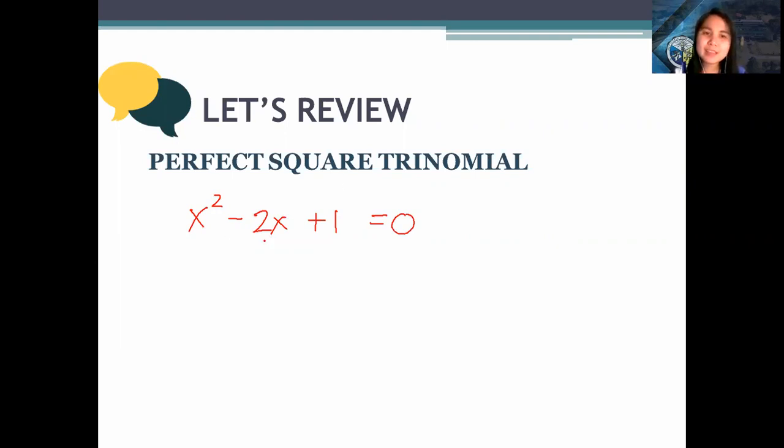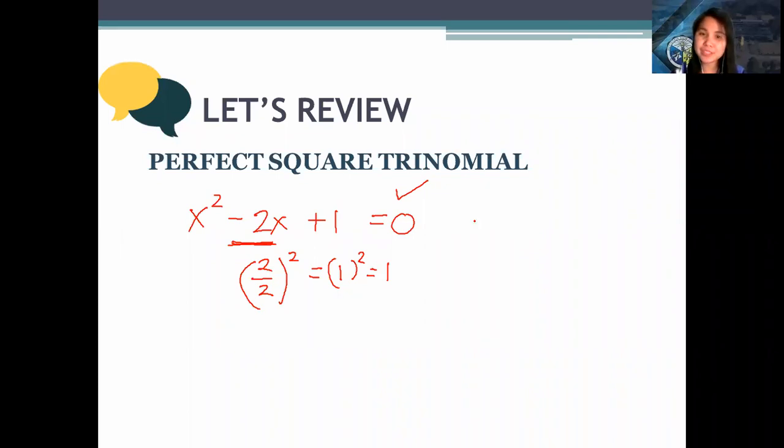You look at the middle term. Negative 2 or 2, divide it by 2, then you square it. What's 2 divided by 2? It's 1, right? So 1 squared is equal to 1. Therefore, this is a perfect square trinomial.